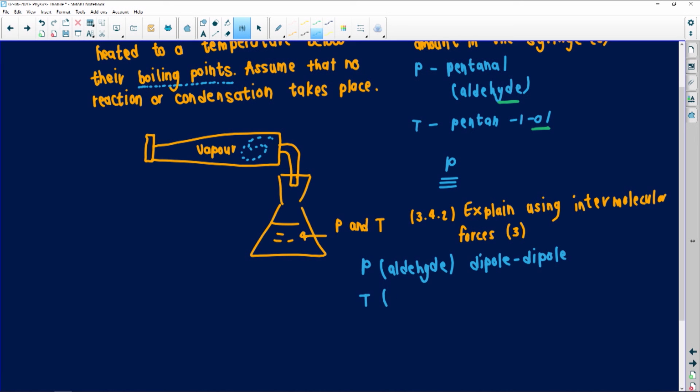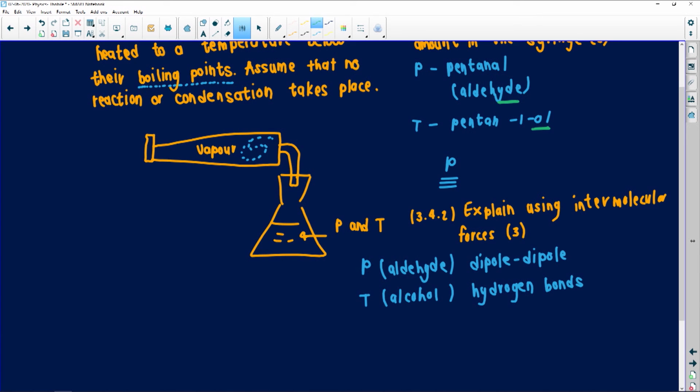Where T is an alcohol, this will have hydrogen bonds. Remember, the minute you have hydrogen bonded to an electronegative atom, then you will have your hydrogen bonds. But now let's see if we can explain this.